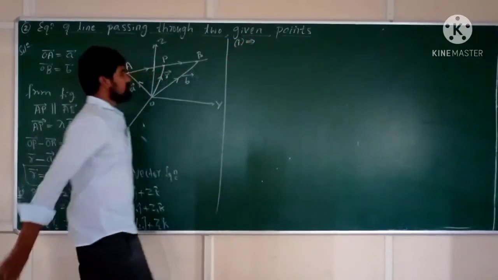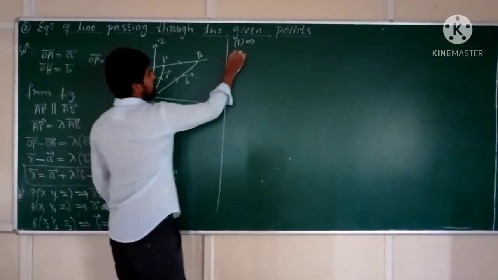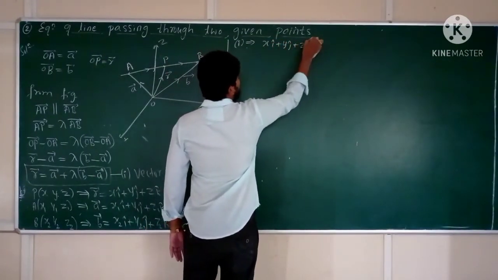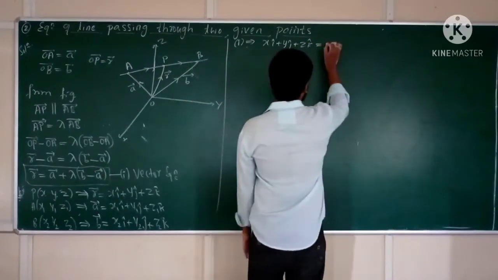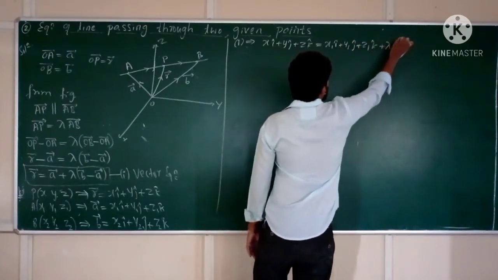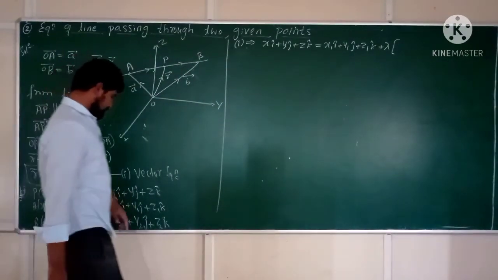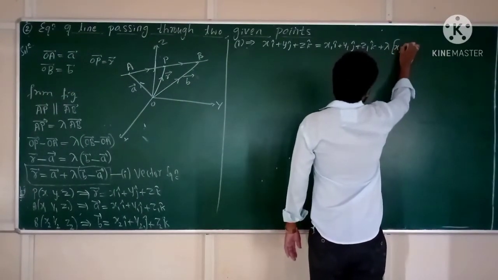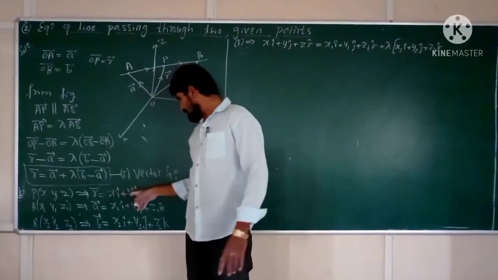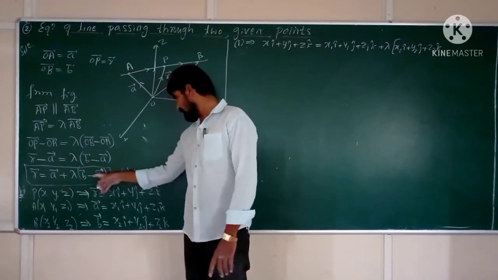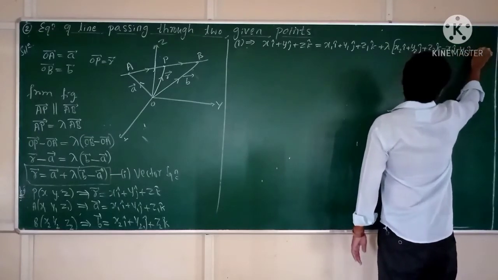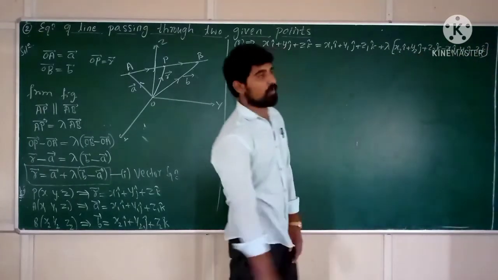So equation 1 implies R vector, xi plus yj plus zk is equal to A vector, x1i plus y1j plus z1k, plus lambda times of B vector, x2i plus y2j plus z2k, minus A vector, means minus x1i minus y1j minus z1k. I hope all of you understand it.